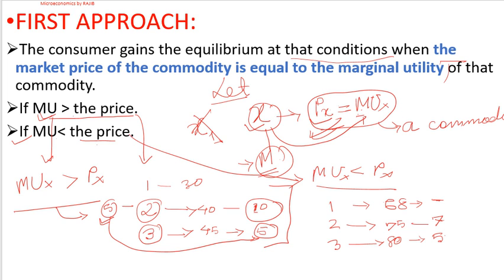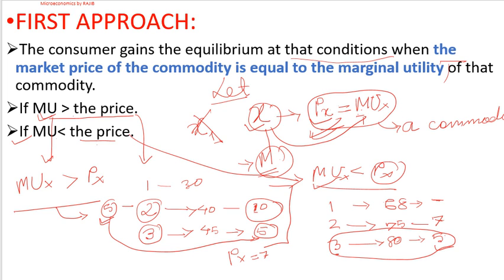So suppose the price of x is 7 here. At this condition, the price of x is greater than the marginal utility, that means this condition applies: marginal utility of x is less than the price of x.